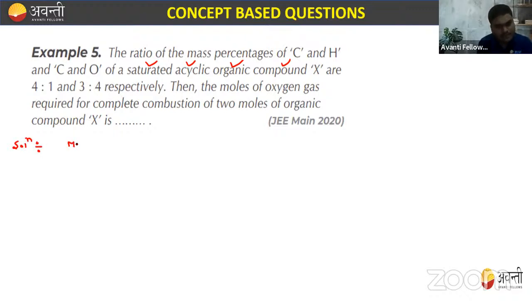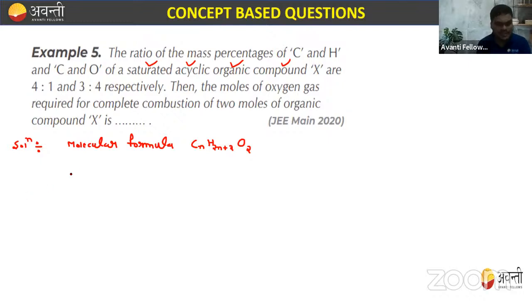Molecular formula like CnH2n+2 and this is O2, right? So this is the molecular formula where M is the mass.